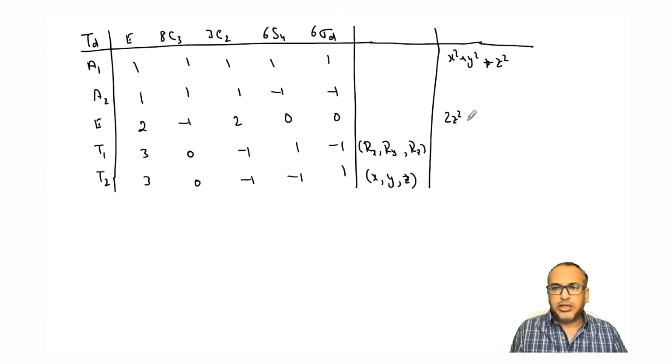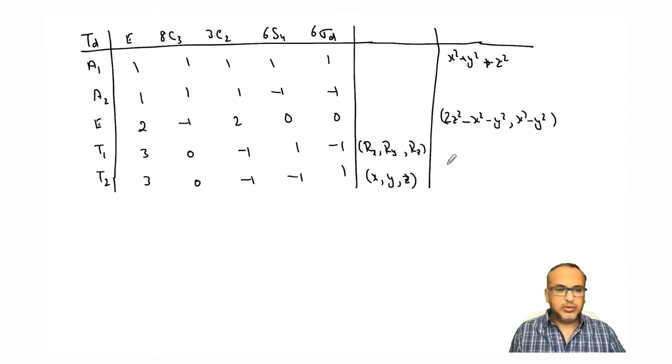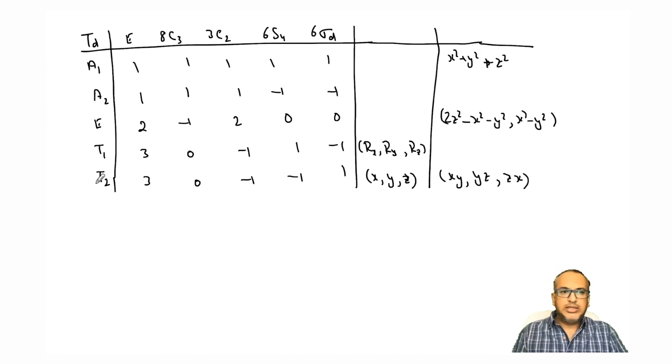E is 2z square minus x square minus y square. Okay. So now the question is saying that mu has the symmetry of T1. Mu has the symmetry of Rx, Ry, Rz, right?